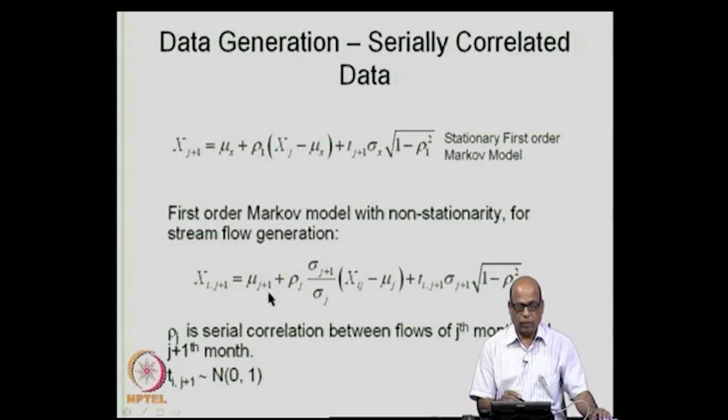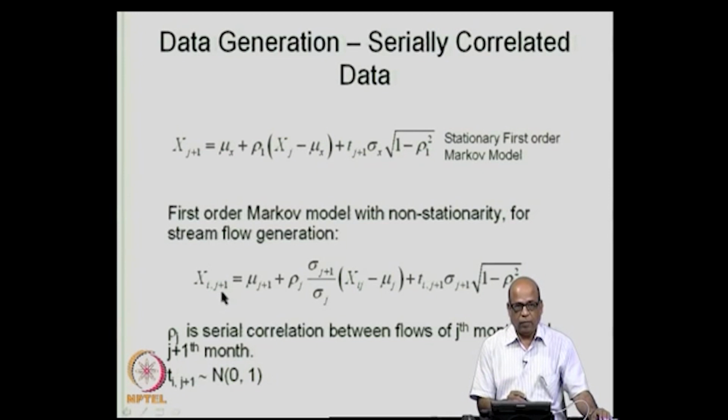So, mu j plus 1, and instead of calling it rho 1, lag 1 correlation, we denote it by rho j, where rho j indicates the lag 1 correlation between the month j and month j plus 1.